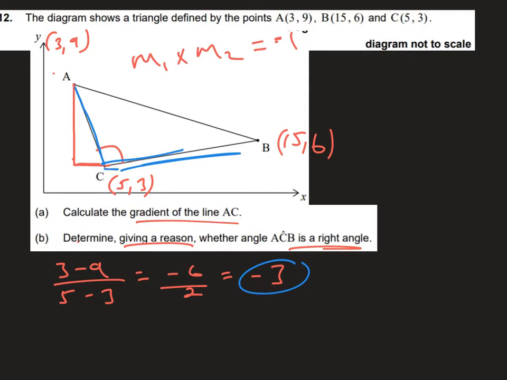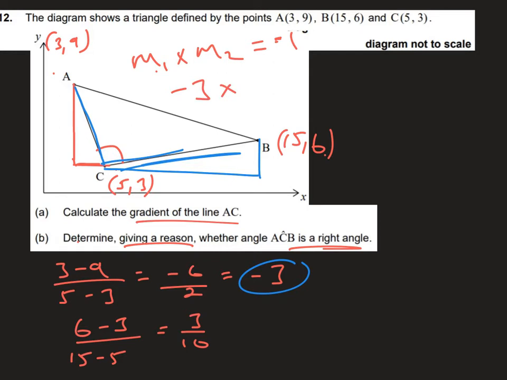So to find the gradient of CB, again, we're going to use the same gradient equation. So y2, which is 6, minus y1, which is 3, divided by x2, which is 15, minus x1, which is 5, which therefore gives us 3 over 10. So we said that the gradient of AC was minus 3.